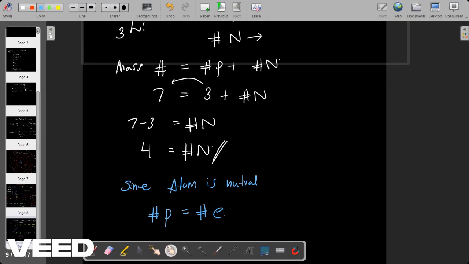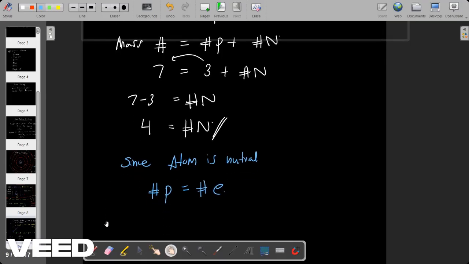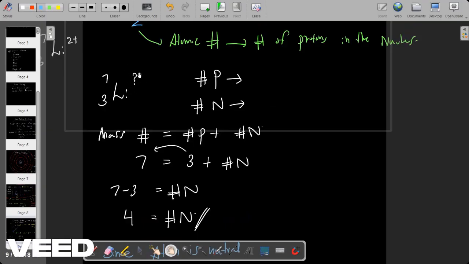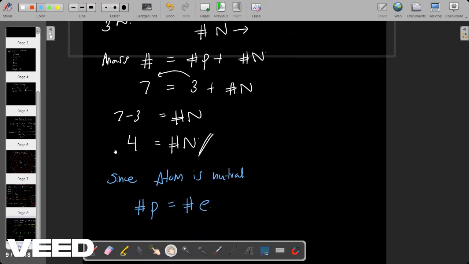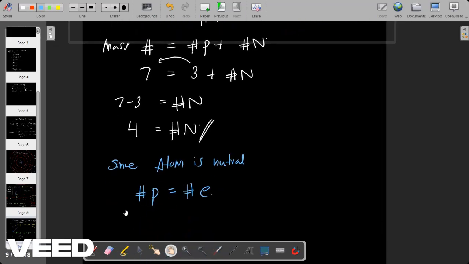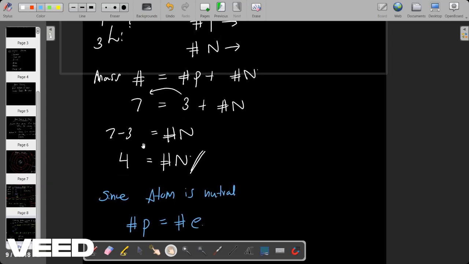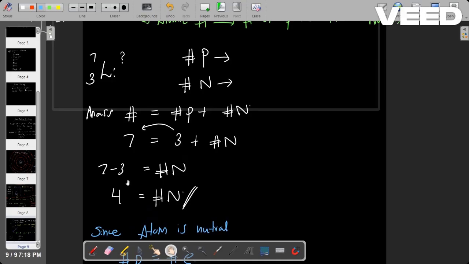Then in that case, how many electrons are there? This is a neutral atom. See, no charge. How many electrons are there then? Send me the answer here.